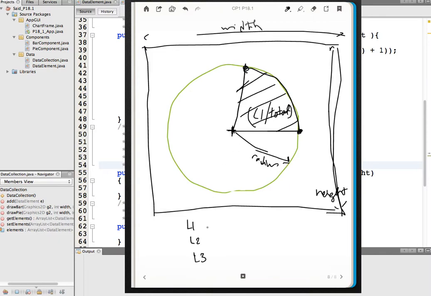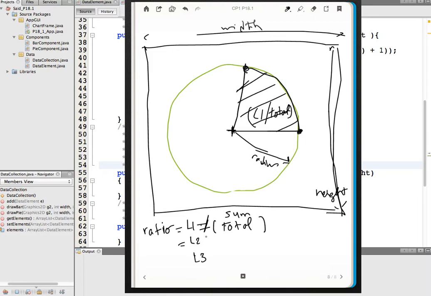In other words, it's representing the percentage, because a pie chart does not represent the absolute value, it represents a percentage. So what we will need to do is to create something called the ratio or the percentage, which will be the length 1 divided by the total, and we can call it sum.